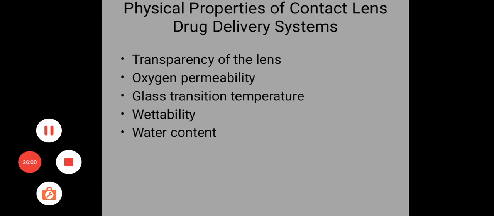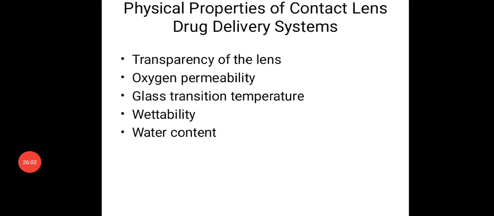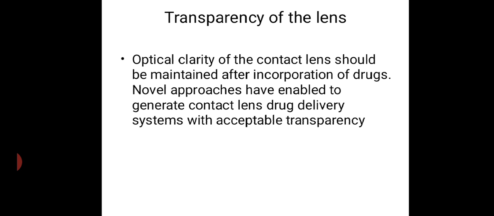The physical properties include transparency of the lens, oxygen permeability, glass transition temperature, wettability, and water content. So these are some of the physical properties of the contact lenses. It should be transparent enough, it should allow oxygen, it should have a glass transition temperature, and it should have sufficient wettability and water content.